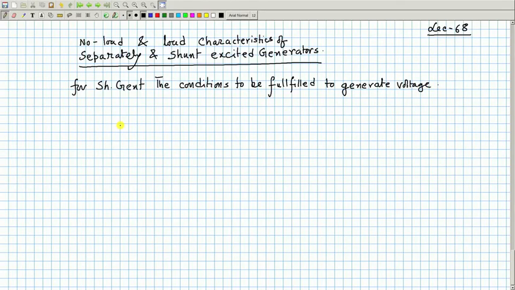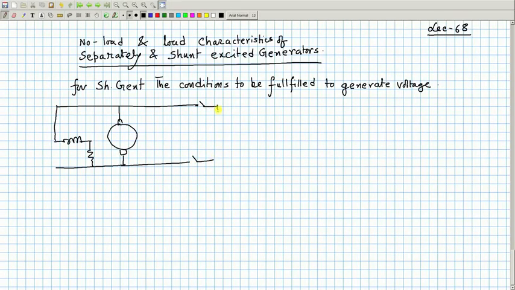And here is the circuit diagram: brushes, and here is your field winding, and here is your load, RL.